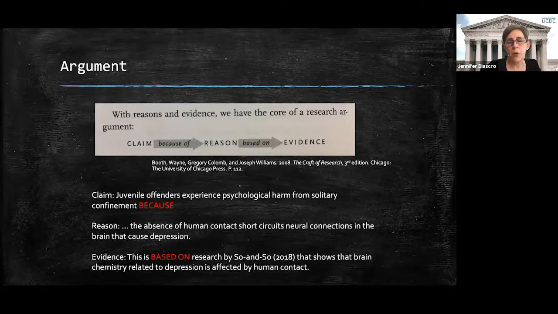So using an example from a slide or so ago about juvenile offenders and psychological harm, the claim would be: juvenile offenders experience psychological harm from solitary confinement. This is the claim, this is the thesis. Because the absence of human contact short circuits neural connections in the brain that causes depression.